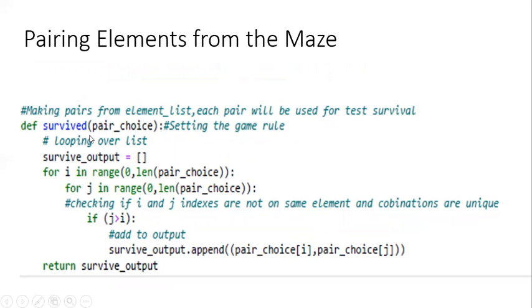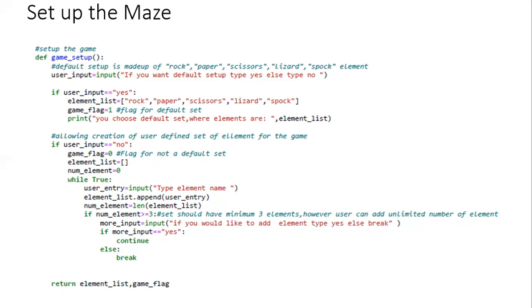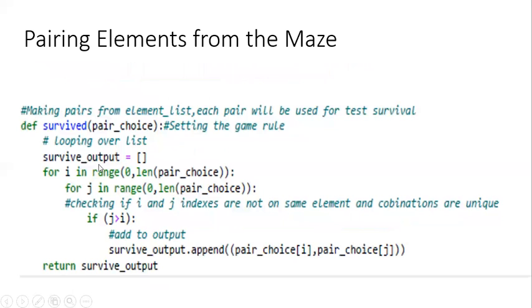Pairing of elements from the available list. So this is a list. A list is a data structure in Python, where all the items will be inside a list. In the list, the available items should be paired, and this pair will be compared with the pair chosen by the human and the computer.